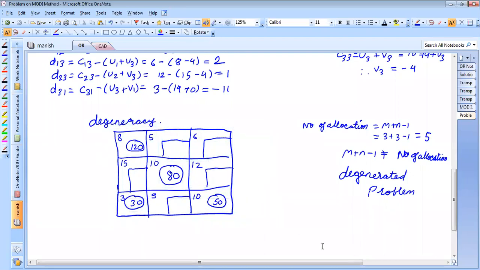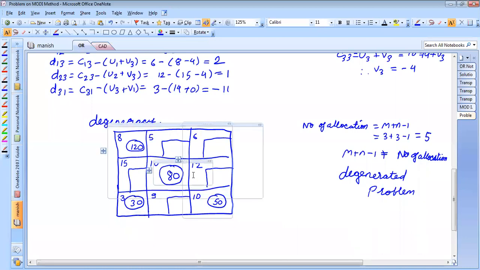This will also satisfy your supply constraint. So in degeneracy, constraints are satisfied, but we are not able to find the optimal solution. Degeneracy does not mean that there is no solution. Solution is there, but we are not able to find the optimality.